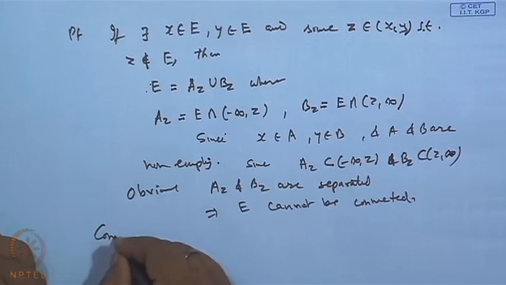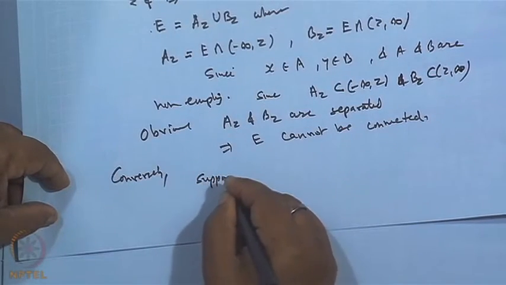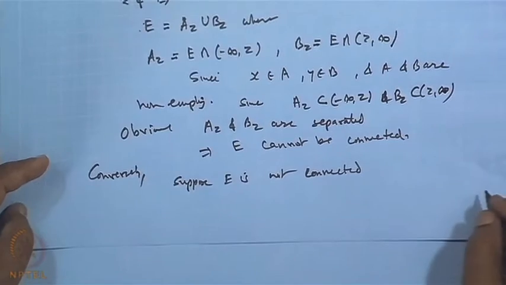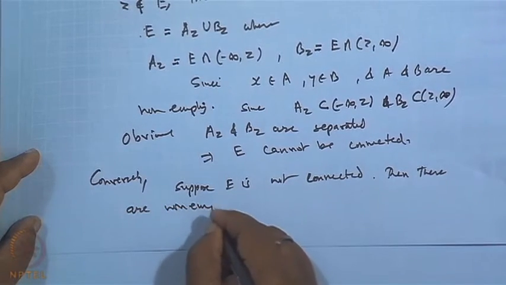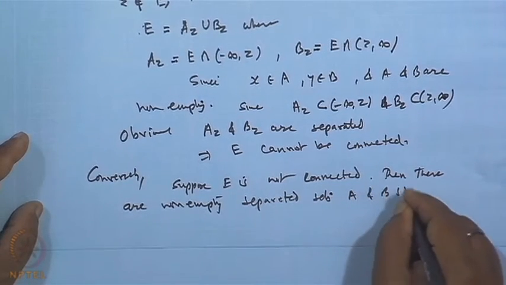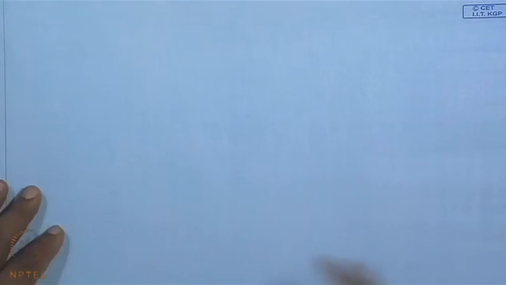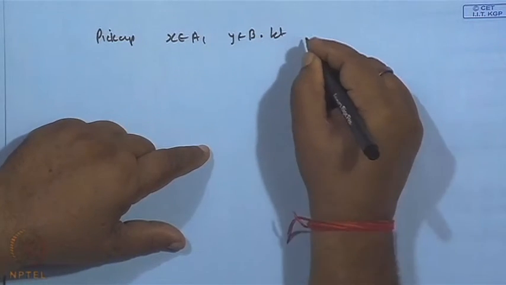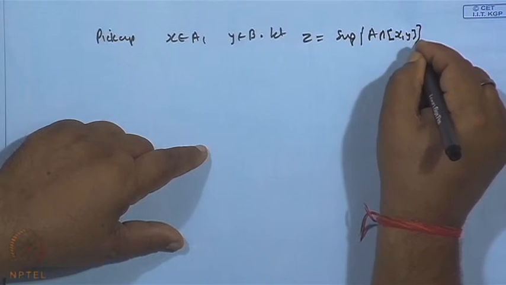Conversely, suppose E is not connected. Then there are non-empty separated sets A and B such that their union A union B is E. Now, pick up x belongs to A, y belongs to B, and let z be the supremum of A intersection the closed set [x, y].